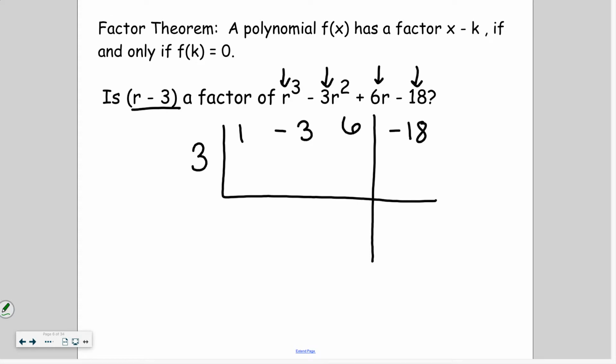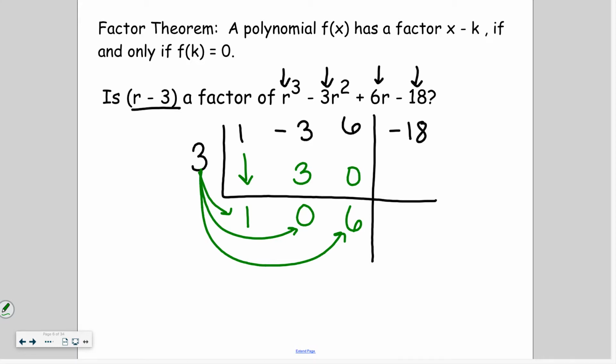Now, using synthetic division, remember we bring down the 1. We multiply the 3 by whatever comes out. So 3 times 1 is 3. Negative 3 plus 3 is 0. 3 times 0, that's going to give us 0. So 6 plus 0 is 6. And again, 3 times 6 is 18.